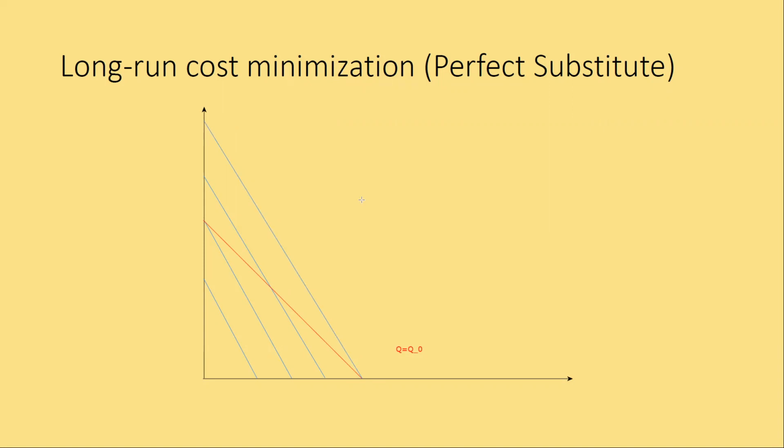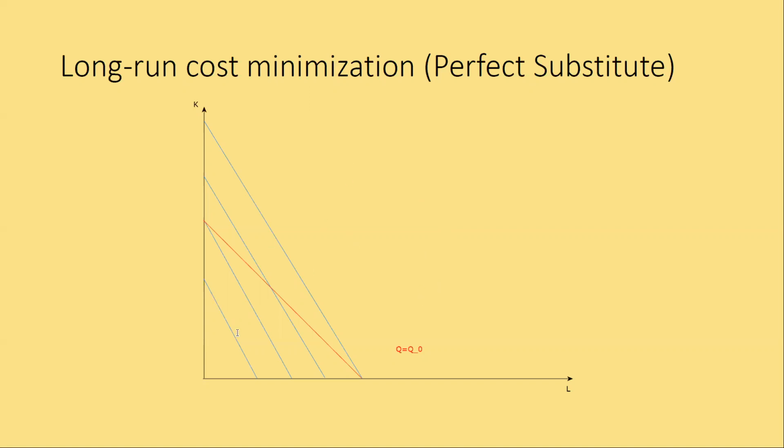So here we have 4 different isocost lines, and Q equals Q0 is the isoquant, or the target level of output the firm must produce. So basically the firm must choose a point that is on the red line. So let me label the axis, as we always should have done at the beginning.